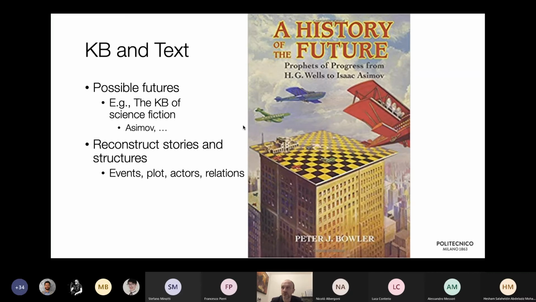Think about, I don't know, a thriller. Sometimes you have interleaved one scene about the crime and the criminals, and one scene about the detectives, right? They interleave in the story, but then you could build the two parallel timelines of these things. And so the idea is this kind of work.